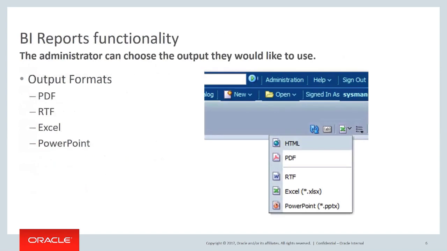Okay, so the BI reports themselves. All these reports that I just talked about are available for output into different formats. You can send it in a PDF, a rich text format, Excel, or PowerPoint.